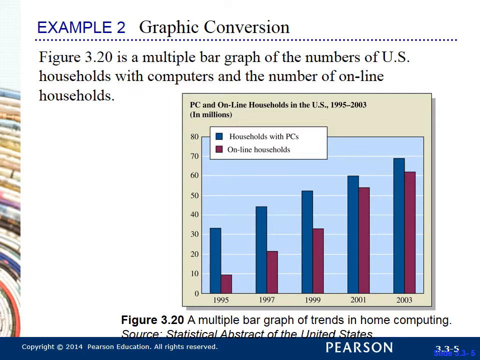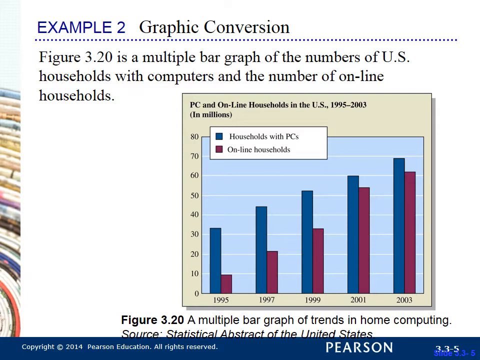My blue bar is the households with the PCs, and the online is how many of those are online. So I can compare here from 1995 through 2003 and look at some trends in both how many people own PCs as well as how many are online.